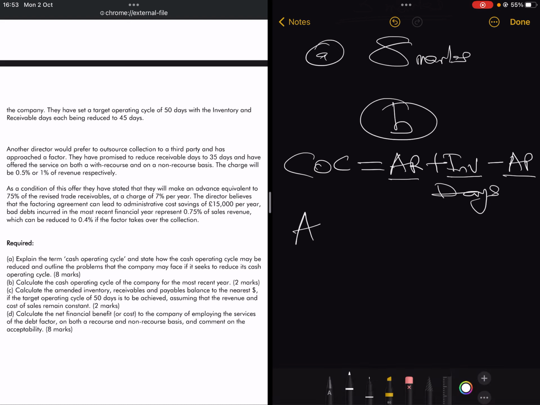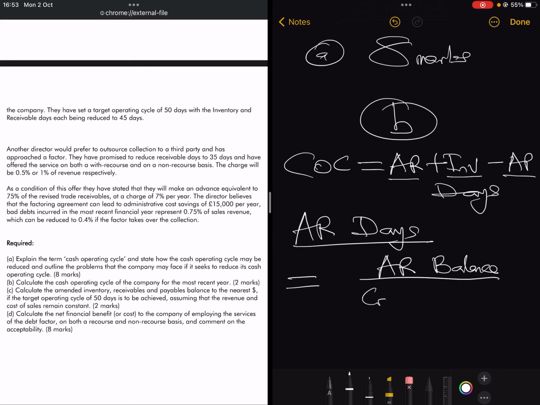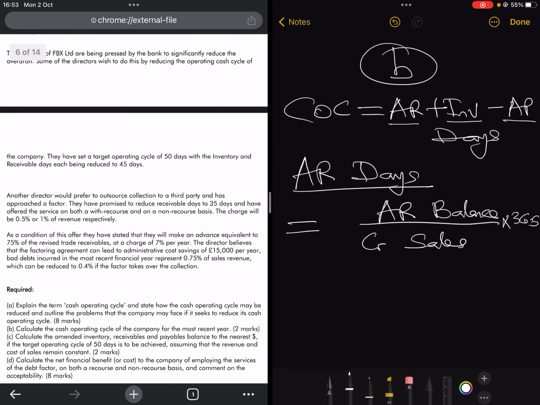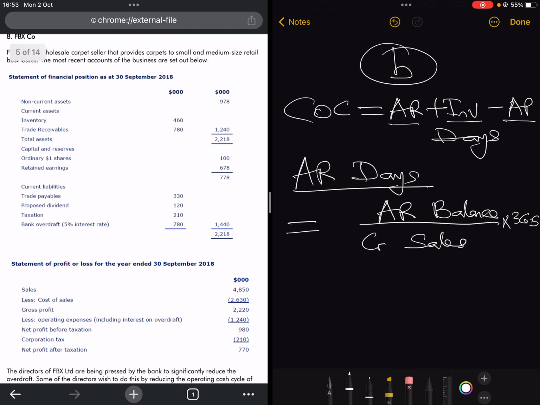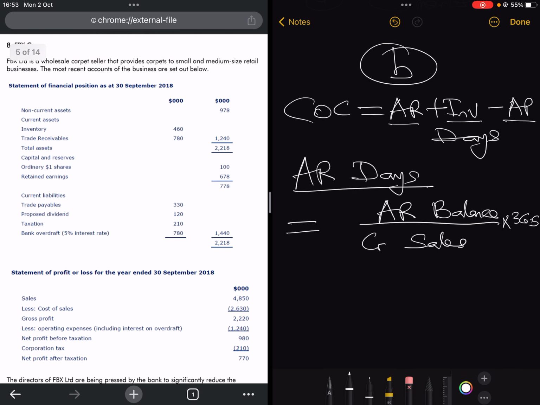So let's start with account receivable days. We said account receivable days is calculated as account receivable balance divided by credit sales multiplied by 365. So if we go to this question, we need to look for the account receivable balance. If you look at the statement of financial position, which is where you find account receivable, account receivable balance, this is trade receivable, and that is 780.